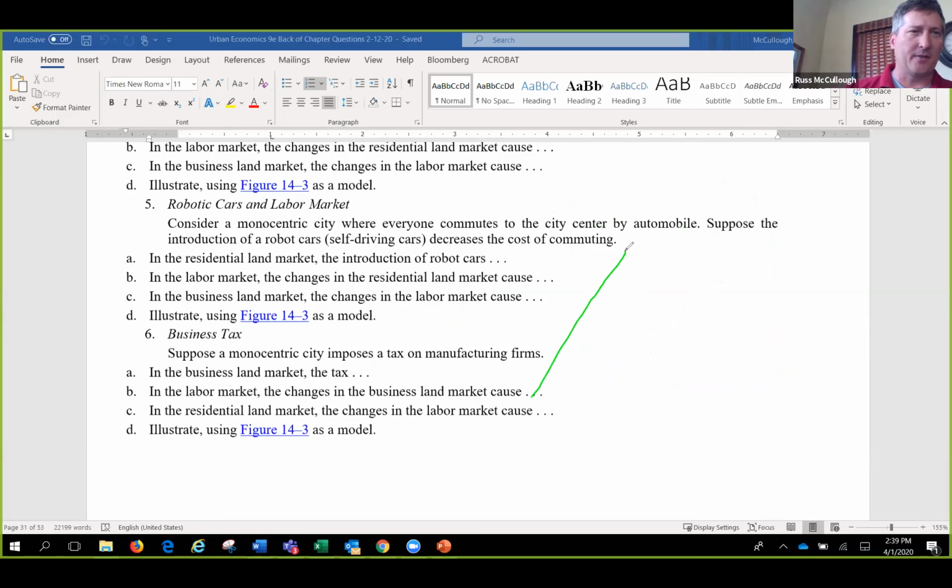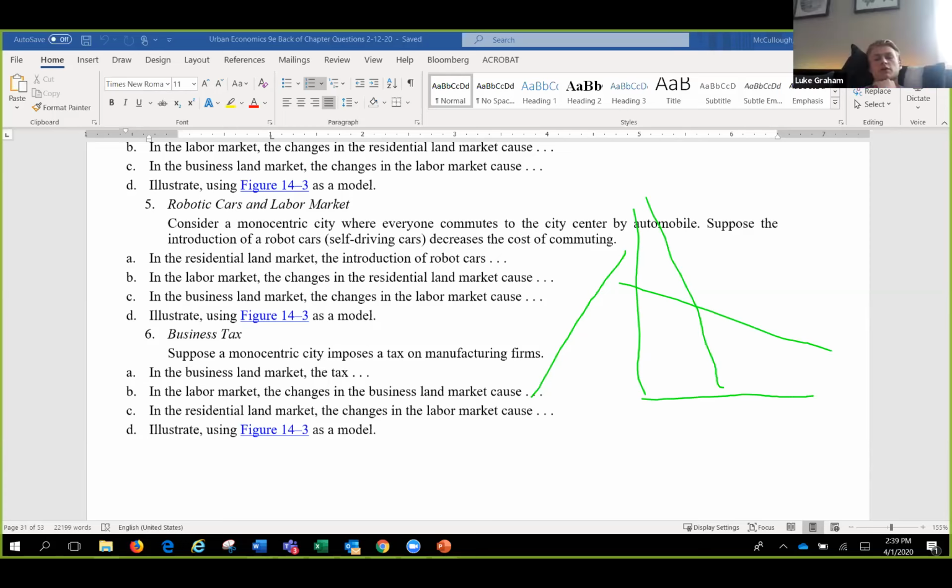I couldn't quite tell if Nate and Aaron, if that was from the previous response or not. So we think about the bid rent function for residential. There's the business, there's the residential. Now they have less wages. Is it going to increase or decrease? Decrease. So as we decrease, that's going to shift the bid rent function down.